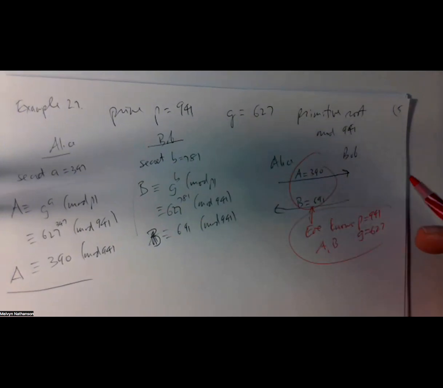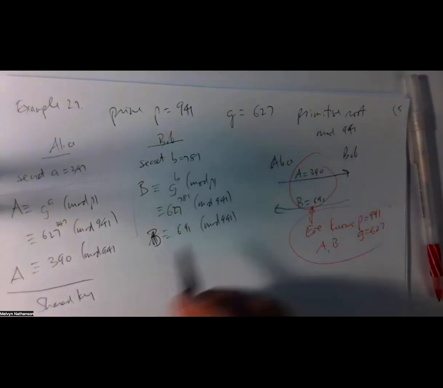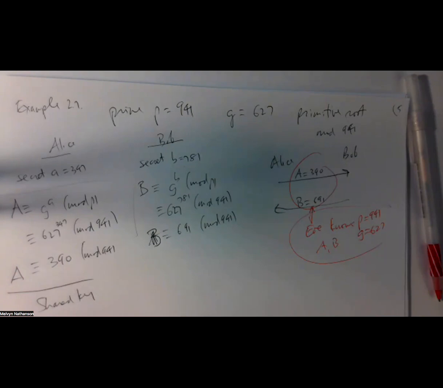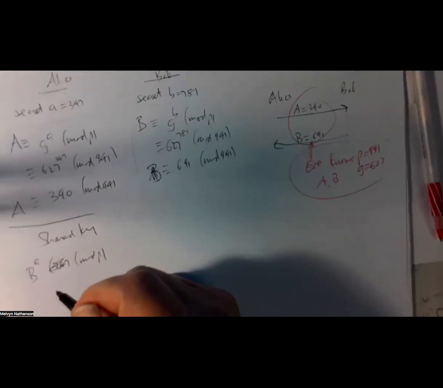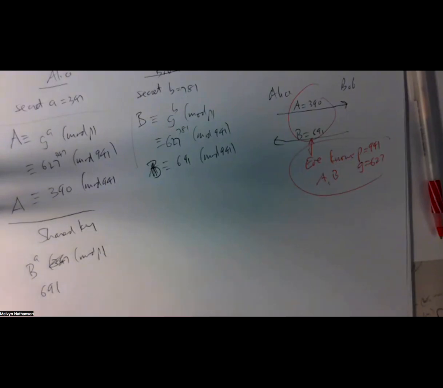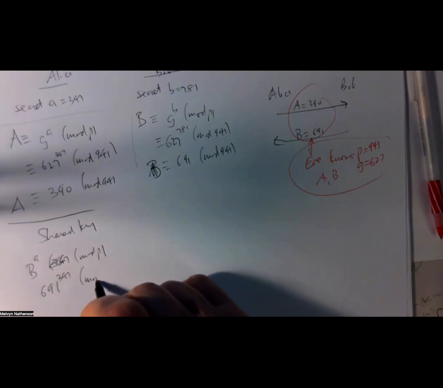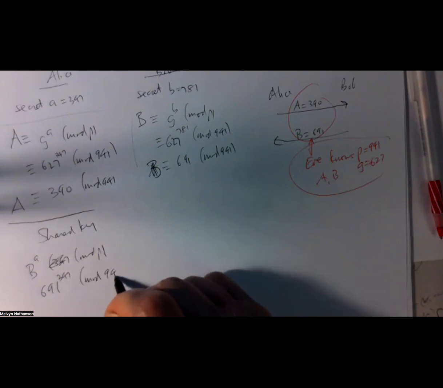But what is the key going to be? So the shared key: Alice takes the number she got from Bob and raises it to her secret number mod P, which is 691 raised to her secret number 347 modulo the prime 941.